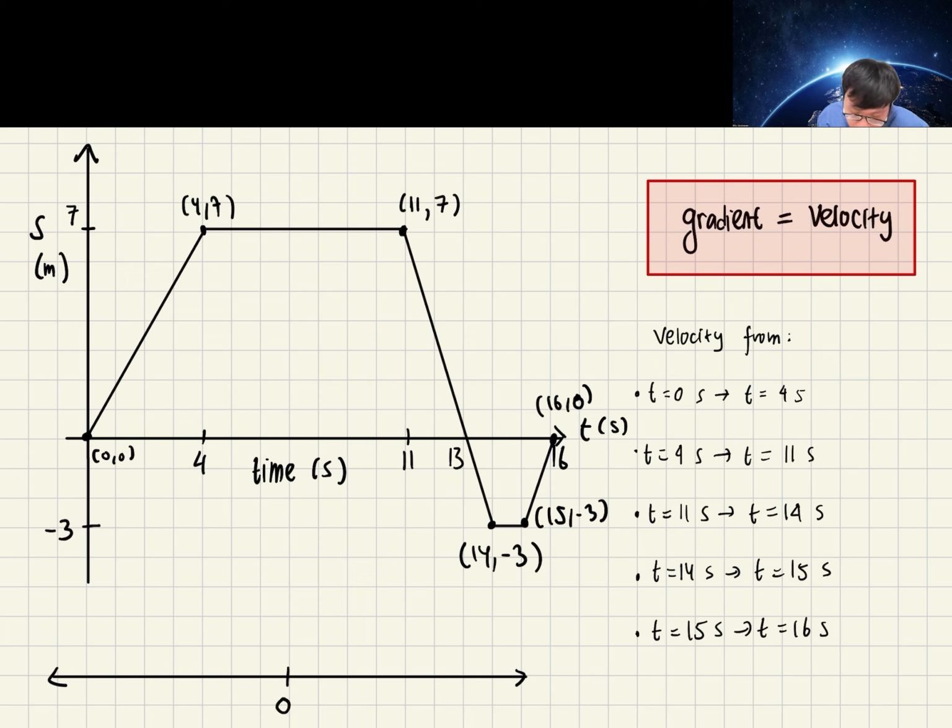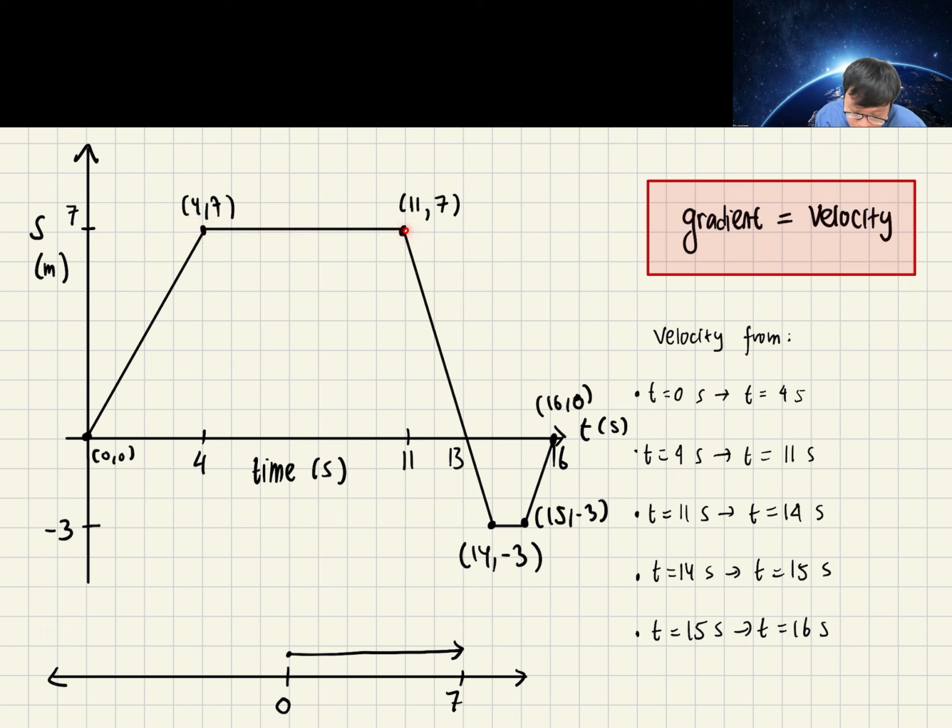And after that, at 4 seconds, the object moves until it reaches 7 meters, means that from 0, not to scale, this 1, 7, it's moving to the right within 4 seconds. And after that, the object stays there until 11 seconds. So it's not moving, still at 7 meters.